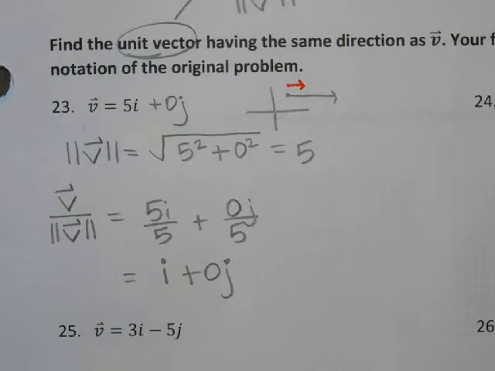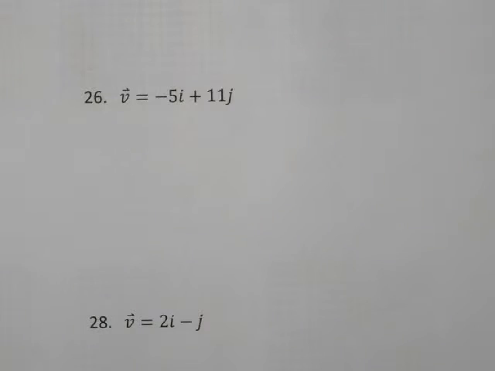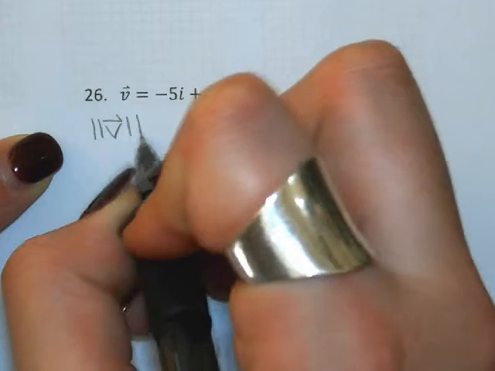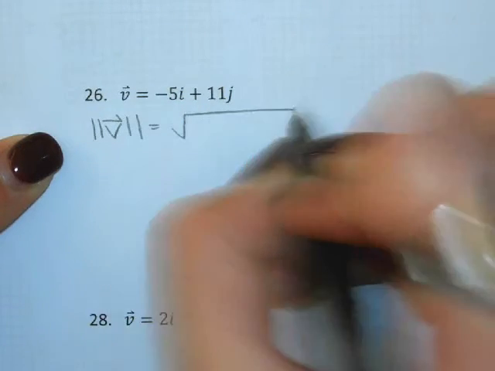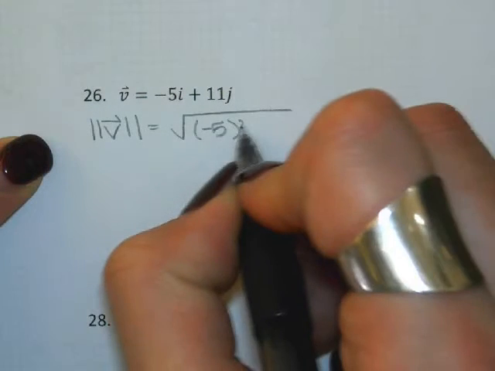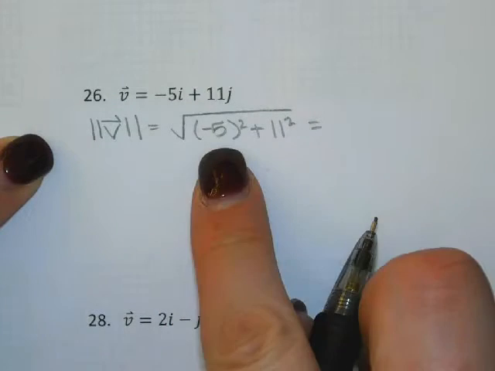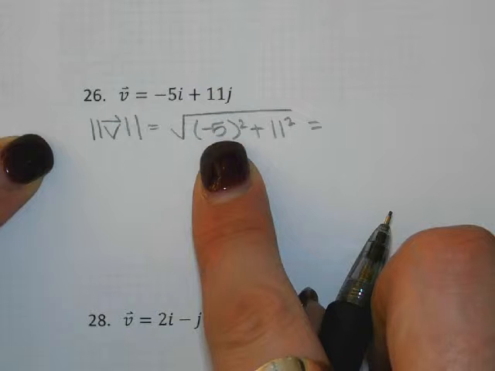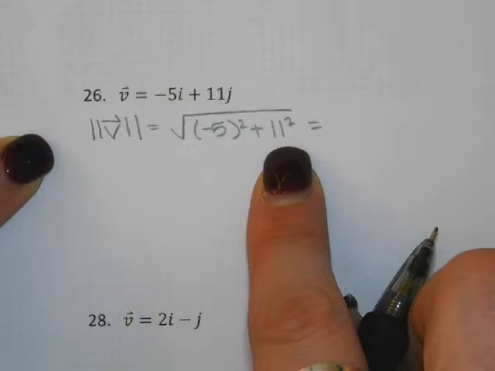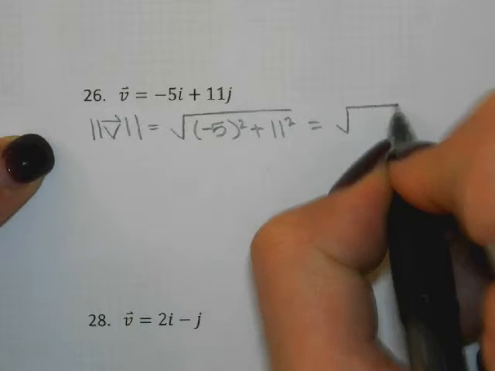All right, let's try number 26. So first we're going to find the magnitude. So what am I going to do for this one? So we have 25 plus 121. 25 plus 121 is 146.